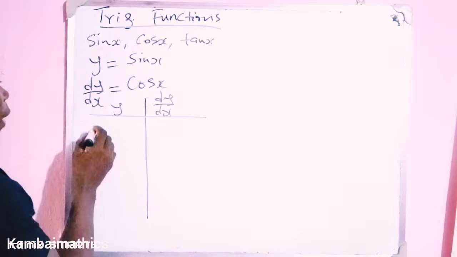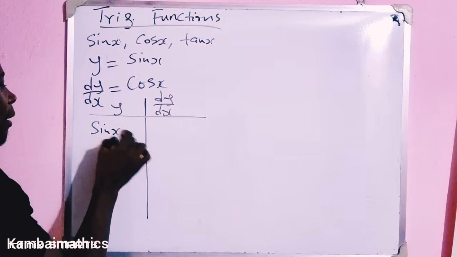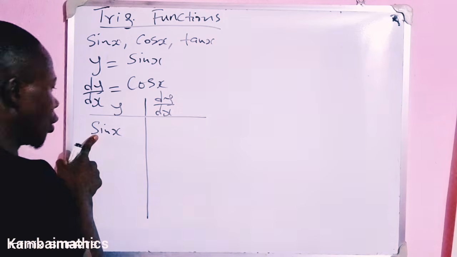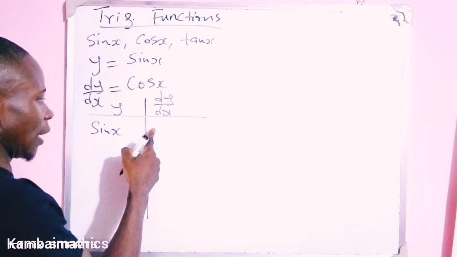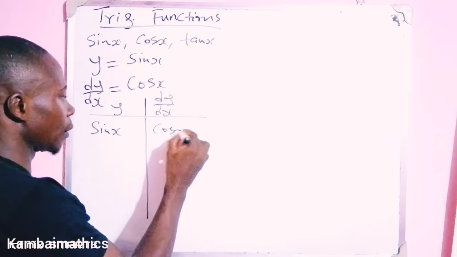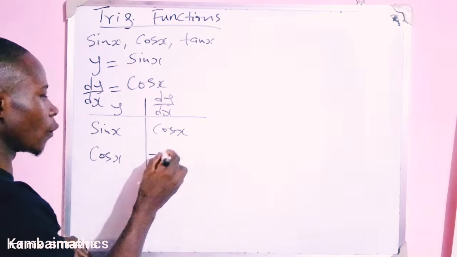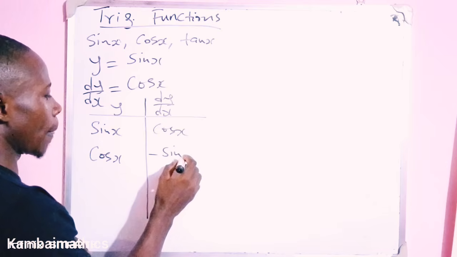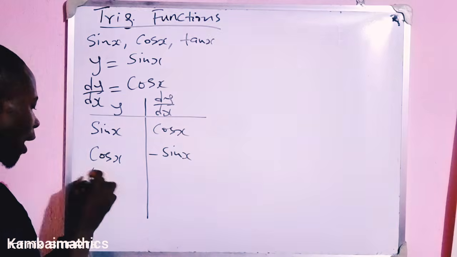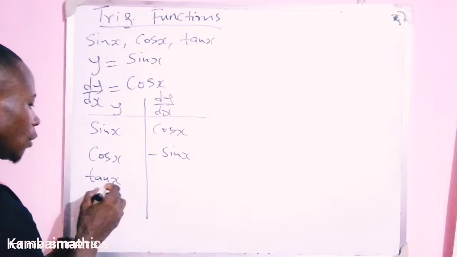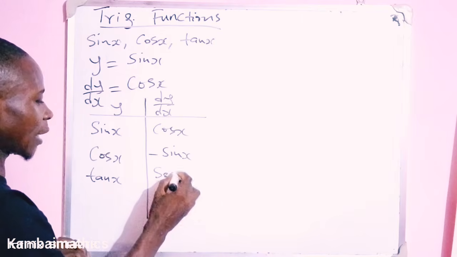So when you differentiate sine x, it will definitely give us cos x. When you differentiate cos x, it will give us minus sine x. Then we have tan x. When you differentiate tan x, it will give us sec square x.